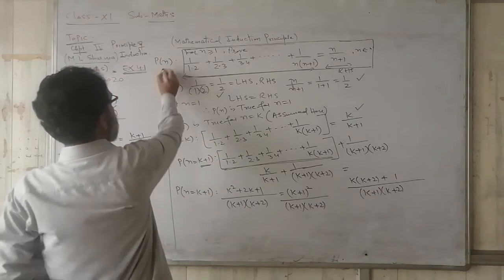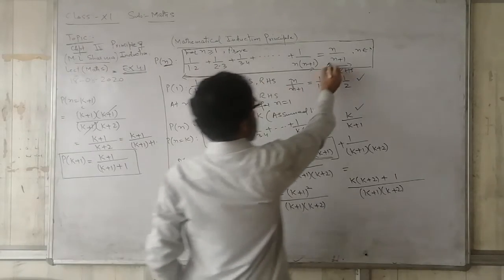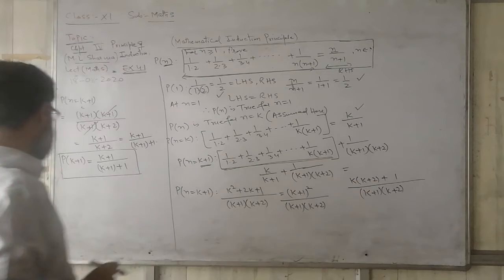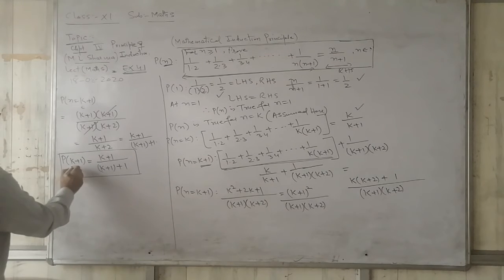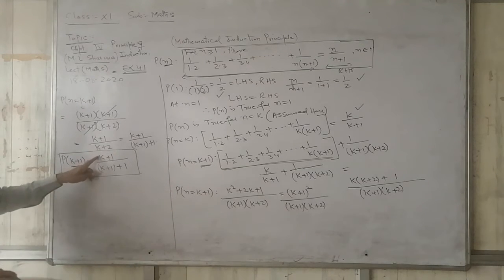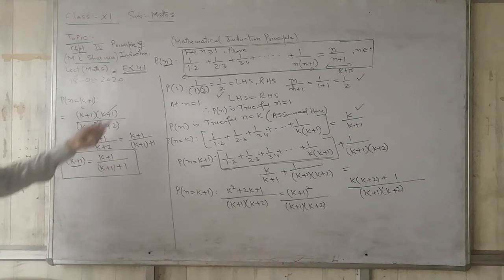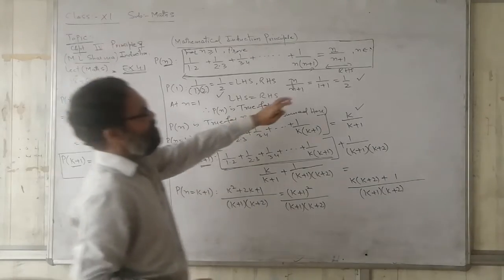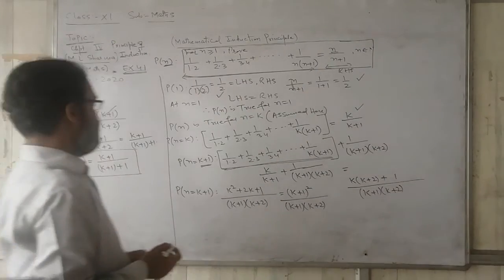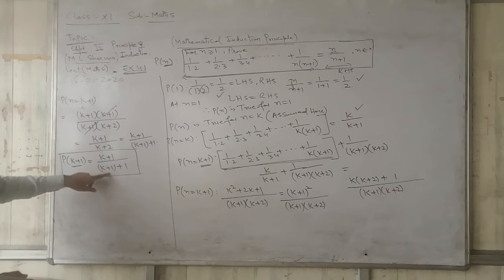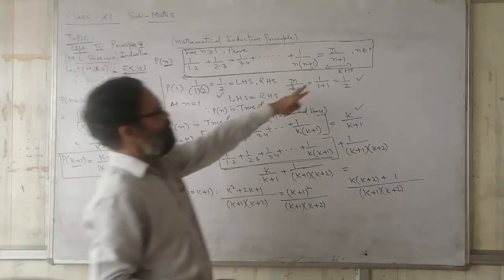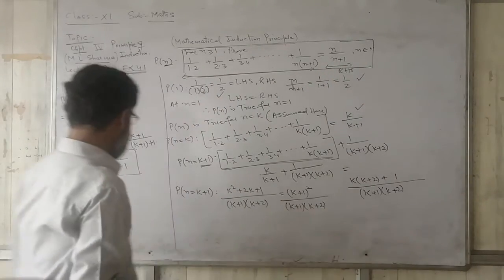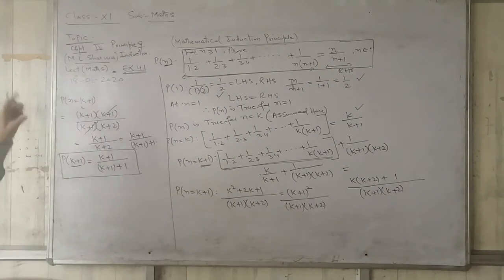If here I have the number n, here I have k plus 1, and in the numerator I have k plus 1. So they are identical. Then in the denominator I have n plus 1 and here I have k plus 1 plus 1, that means they match each other.